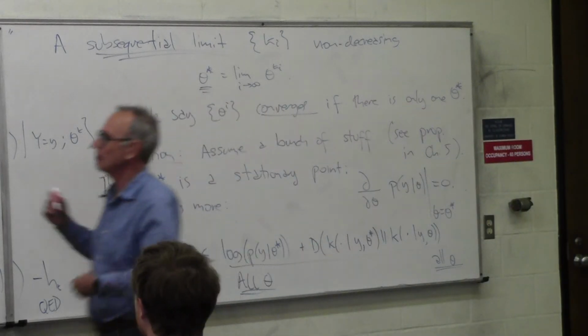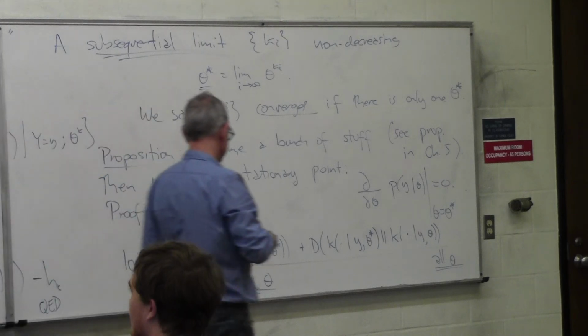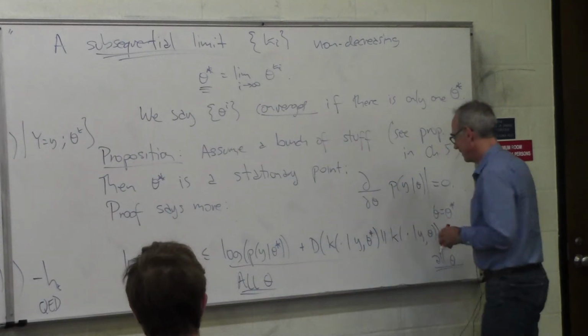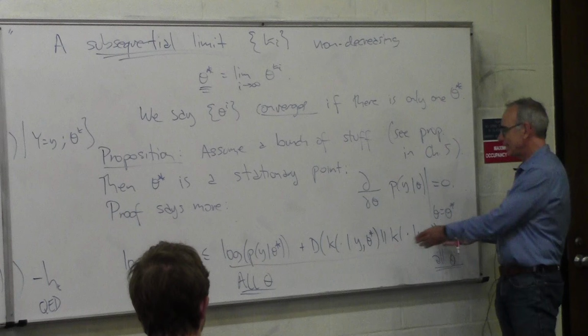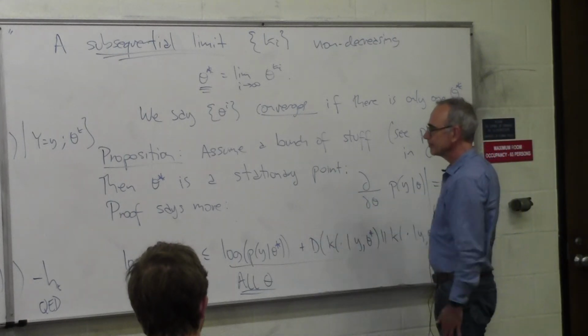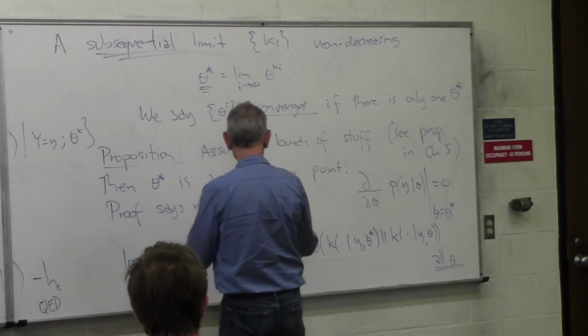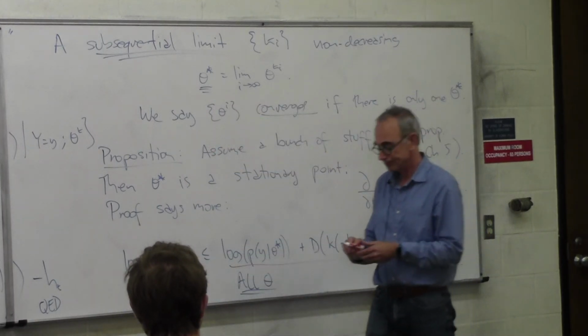This is a very unusual situation, but I just wrote it down here. Anyway, because relative entropy is convex, and maybe this was linear or something like that. But I've got this big fat thing up here, and then I've got my friend over here, and it's lower bounded, but it meets when theta equals theta star.